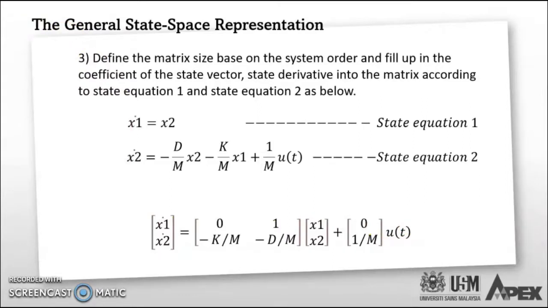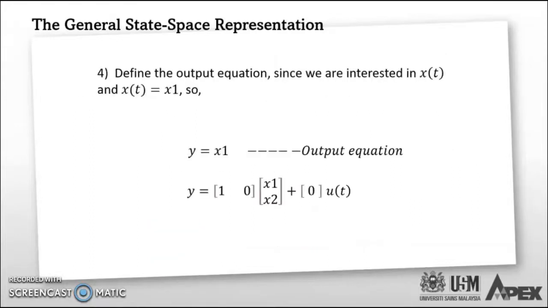Moving on to the next step, the fourth step is that we have to define the output equation. Since we are interested in x(t), and we have assumed that x(t) equals x1, basically y, which is the output, equals x(t) and equals x1. So this is the output equation.